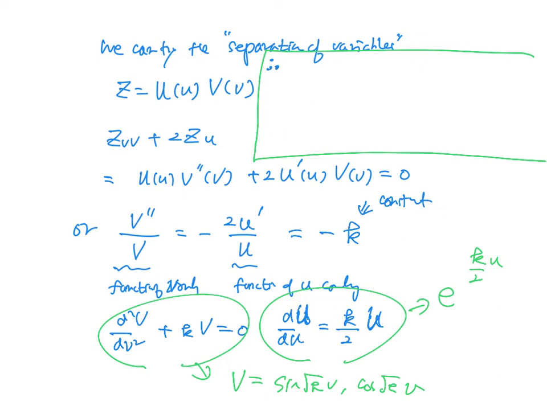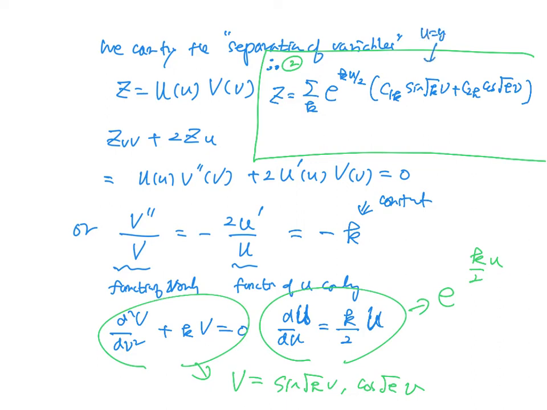So this is second. Z can be written as sum over k exponential k u over 2, c1k sine root k v, c2k cosine root k v, and you substitute back to u and v.